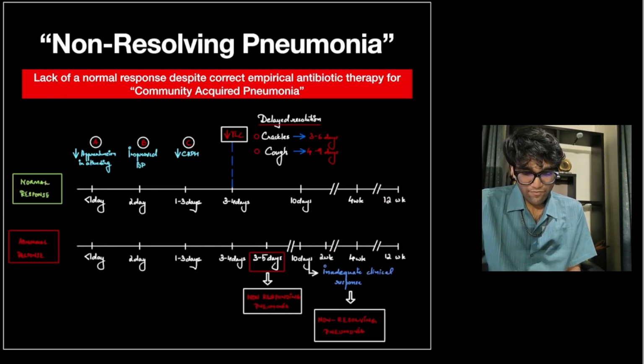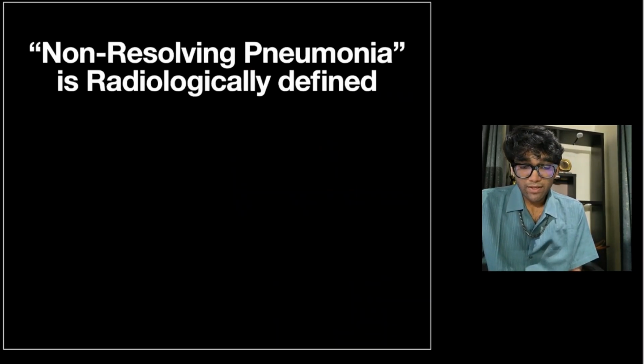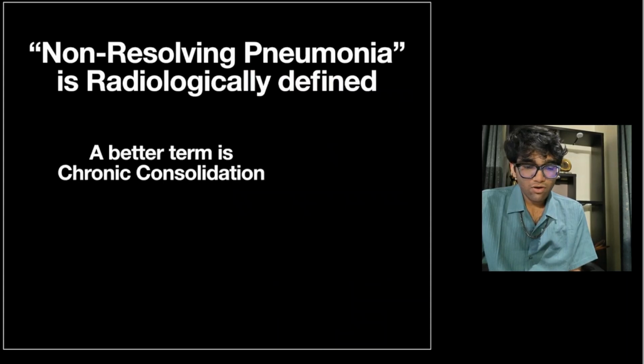Okay, whereas the abnormal response would be if you don't have any of these things till day 5, and that we call a non-resolving or a non-responding pneumonia initially, and then by day 10 to 14 we start calling it a non-resolving pneumonia. Okay, now the issue is, the non-resolving pneumonia moniker is used slightly vaguely.